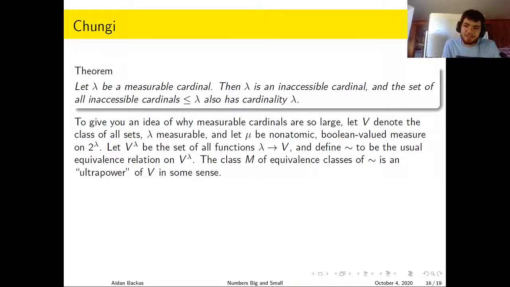These guys, V and M, aren't really ordered fields, but they're kind of like ordered fields. The technical term for them is an LST model, but never mind that. And so M is an ultrapower of V. So we took the entire mathematical universe, the class of all the sets, all of them, and we made it bigger by throwing in a bunch of junk, in the same way that we turn the real numbers into hyperreal numbers by adding infinitesimals.